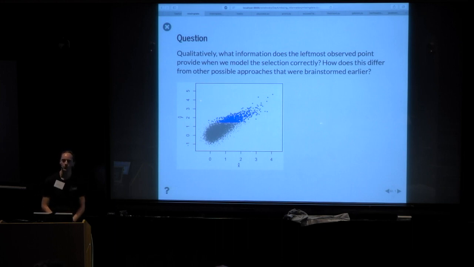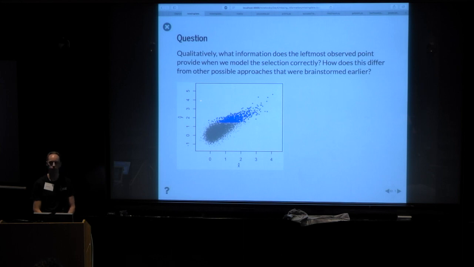Okay, half-baked idea. If we don't model the selection effect at all and don't know anything about or model anything about the lower points, and we just fit a line to this thing, then that data point will heavily contribute to making the slope of that line shallower because it'll pull it up in that end.